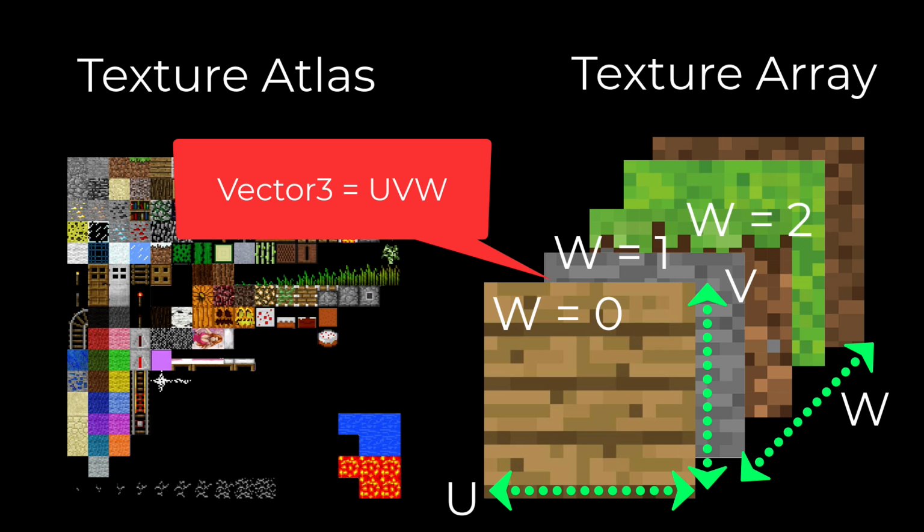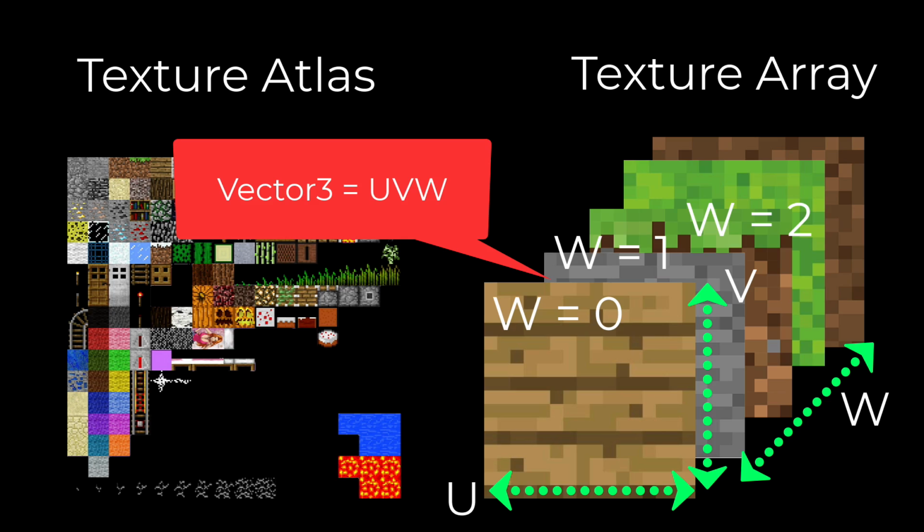And so you're only counting up 1, 2, 3 through that stack of images, which makes a lot more sense than having to fiddle around with the vector 2 values to find out what those UVs are. But either way you use, you are still working with one image that's getting treated by the GPU.